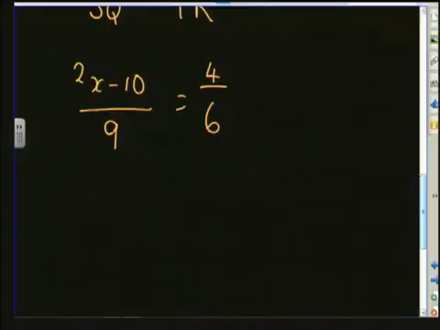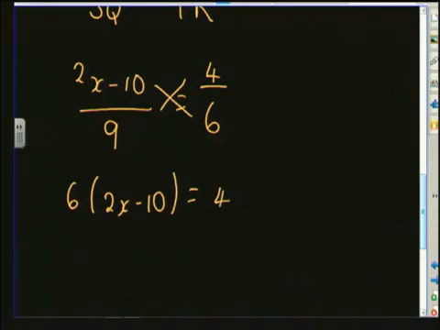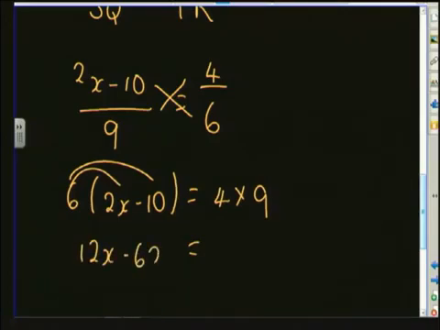All right, so if I cross multiply, I will get 6 times 2x minus 10 is equal to 4 times 9. Timesing into my bracket, I'll get 12x minus 60 is equal to 36.